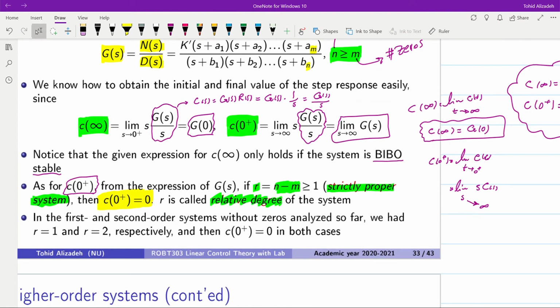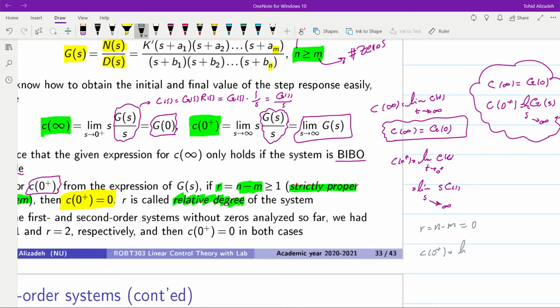On the other hand, if we have n minus m equal to 0, so r equal to n minus m is equal to 0, meaning that n and m are of the same value, both of them are 2, 3, whatever, then c at 0 plus, which is the limit of g of s as s goes towards infinity, will be some constant value, such as A, which will be different than 0.